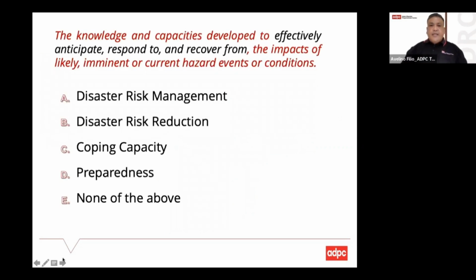Now, here I emphasize in red the knowledge and capacities developed to, take note of the black one, effectively anticipate, respond to, and recover from. Meaning, in my earlier example of the hazard flood, knowledge and capacities developed before the flood happens, respond to during the floods, and recover from after the floods.